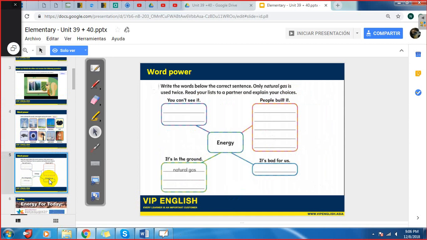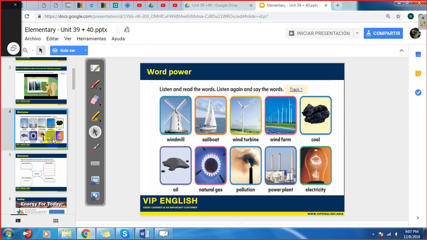Natural gas is used twice. Okay, so natural gas is in the ground and it's something else: you can't see it. Very good. Here are the rest of the words.